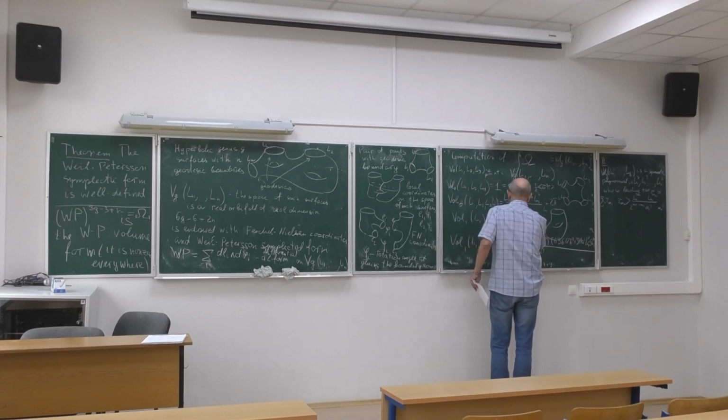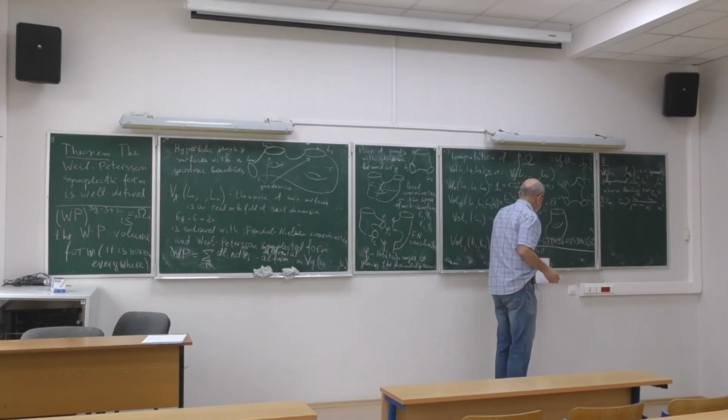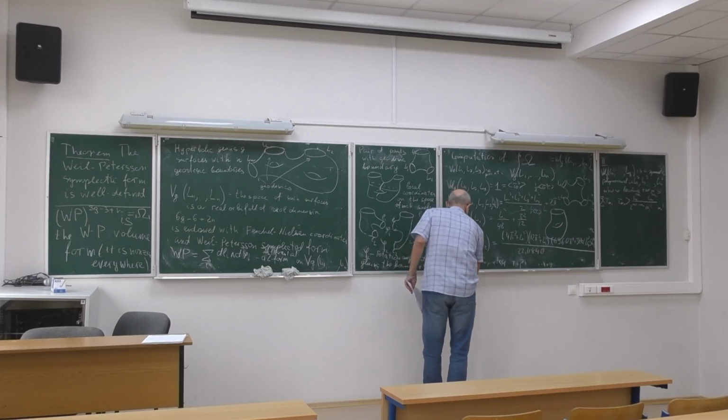Here the coefficient is 1/2 of tau 1. This coefficient is respectively the value of tau 1 squared.